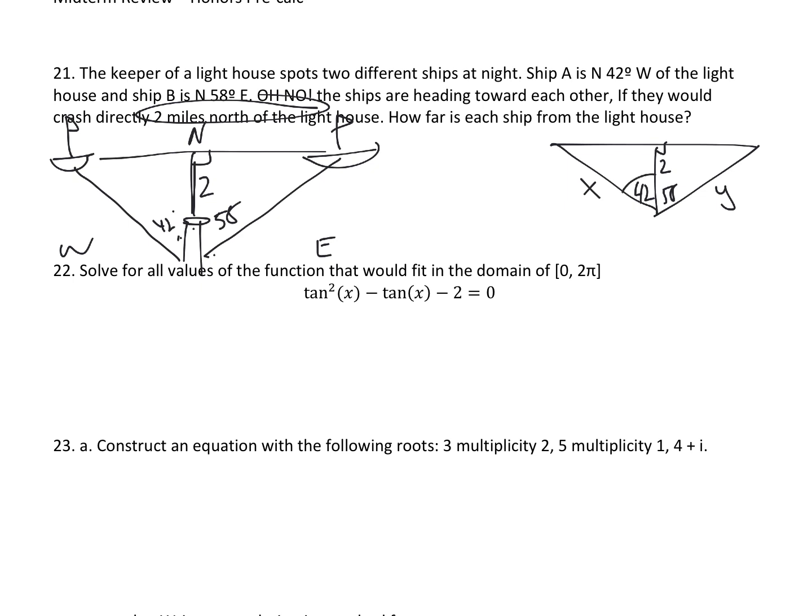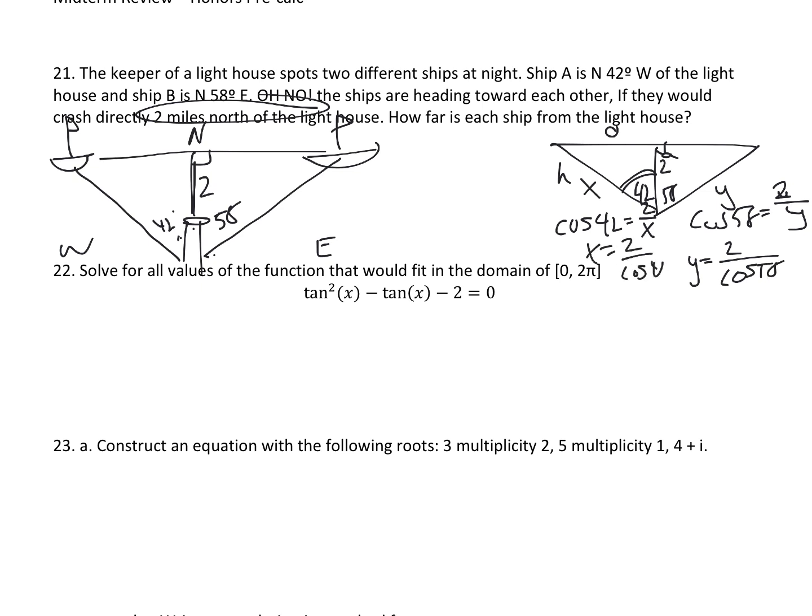So here's my opposite, adjacent, hypotenuse. Cosine of 42 equals 2 over x, and on the other side, cosine of 58 equals 2 over y. So y equals 2 over cosine of 58, x equals 2 over cosine of 42. And so I get 2.7 miles for the first ship and 3.7 miles for the second ship.